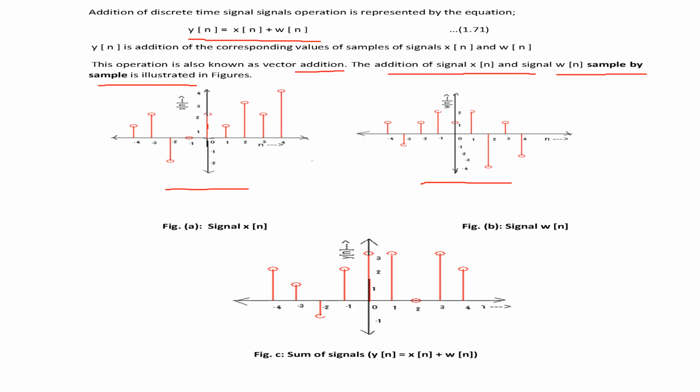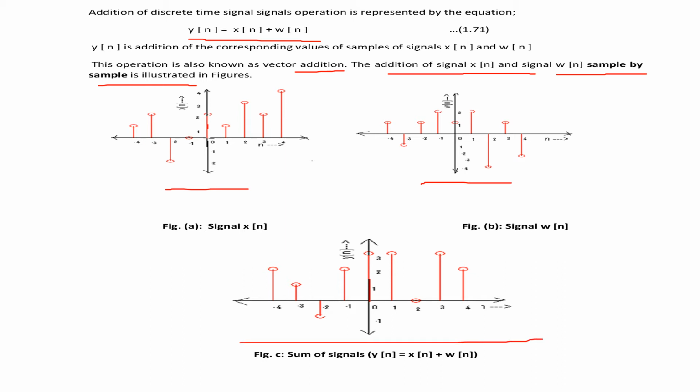So at minus 4 it has some value: x is 1, and finally at minus 4 the sum is 2. Similarly at minus 3, x is 2 and w is minus 1, so it is 2 minus 1, which is 1. Likewise you have to add sample by sample and draw it.